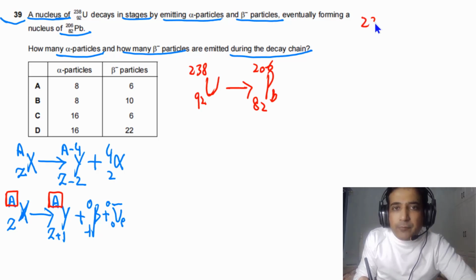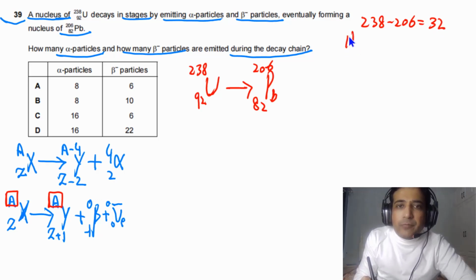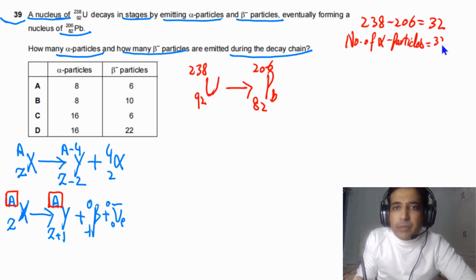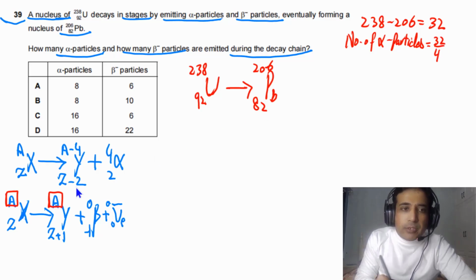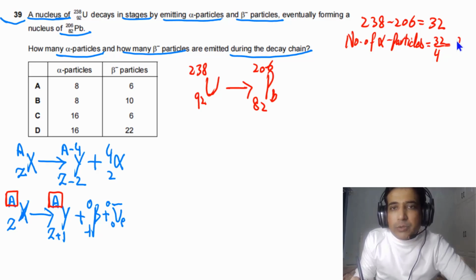We have 238 minus 206, which gives 32. So we can find the number of alpha particles emitted. They have to be 8, because in one alpha decay the mass number decreases by 4.